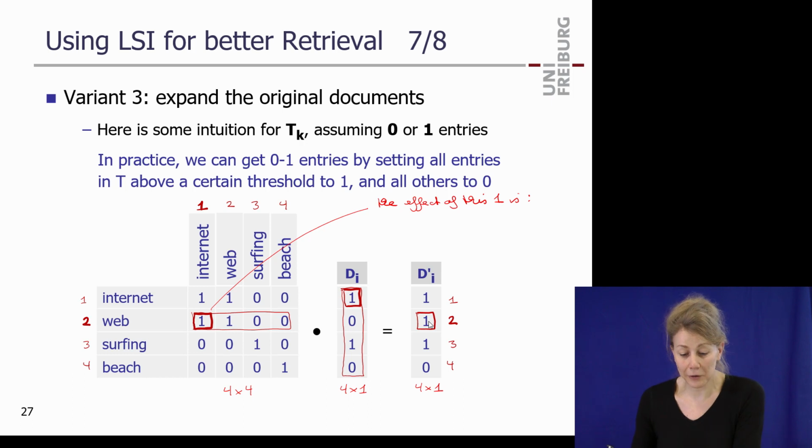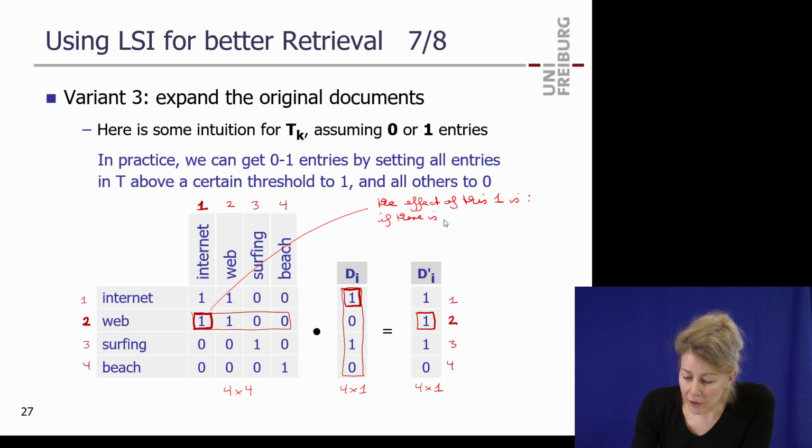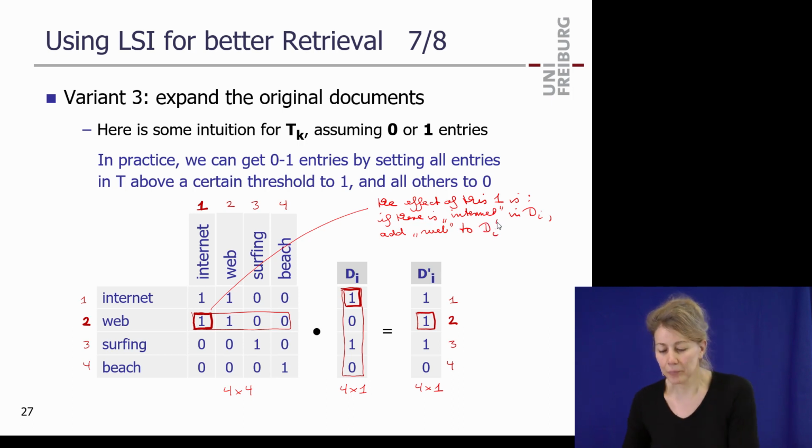That's exactly the effect. If there is internet in D_i, add web to the result vector D_i prime. That's just the way it works.